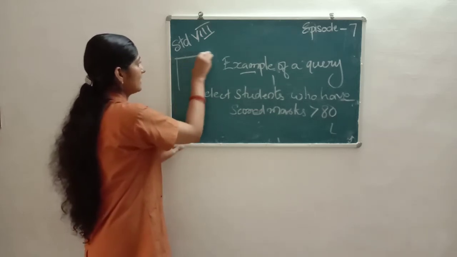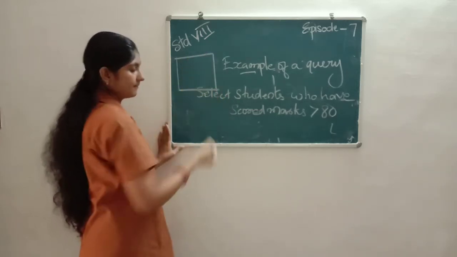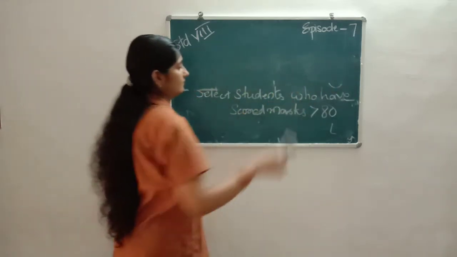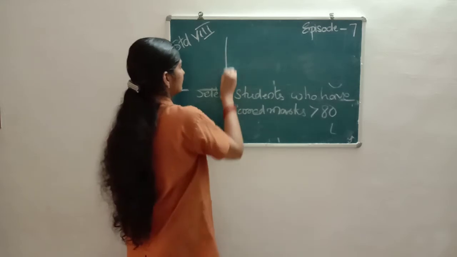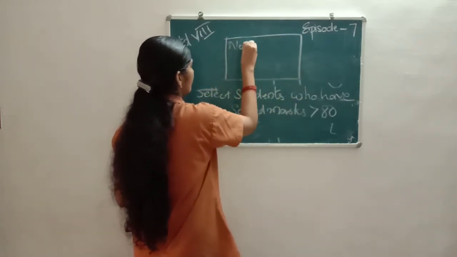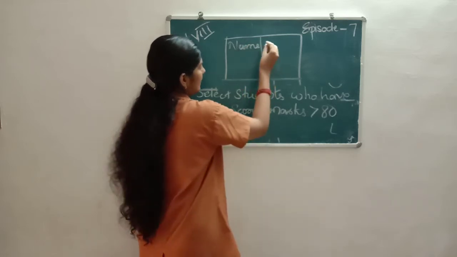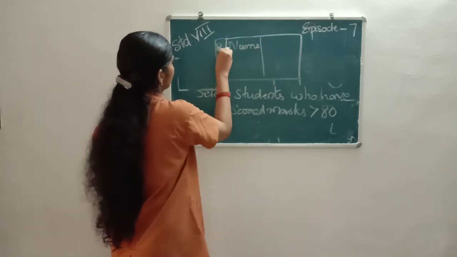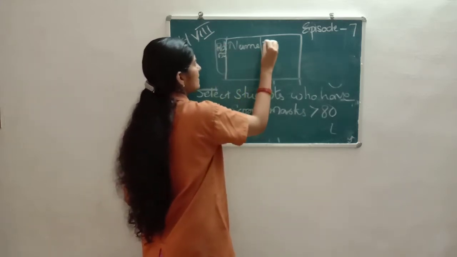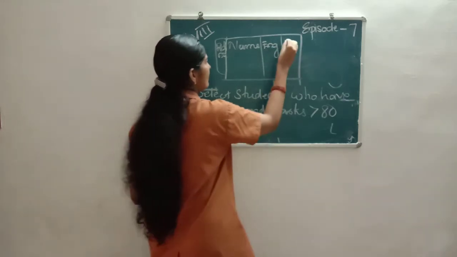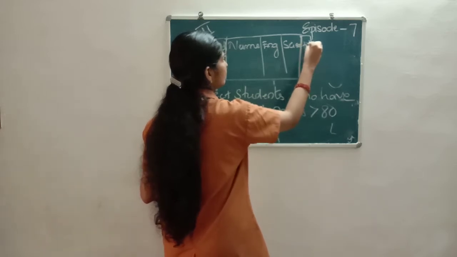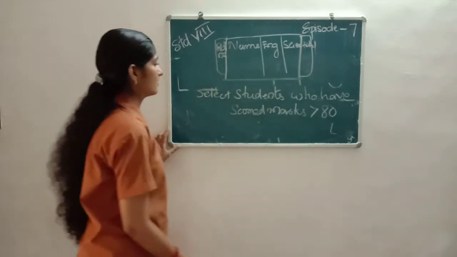So for example, this is a table, and the table contains roll number, name, then English, then science, maths, and total.